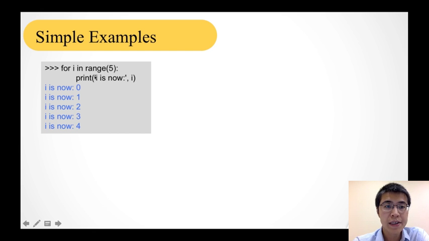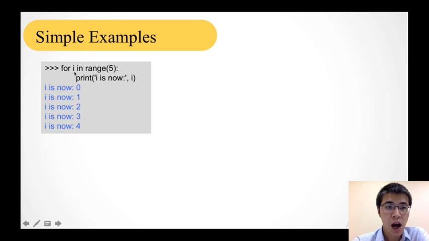So for i in range(5), what I do is print the value of i. So now you see i is changed from range(5). Range(5) starts from 0 to 4. We learned that in lesson 1.